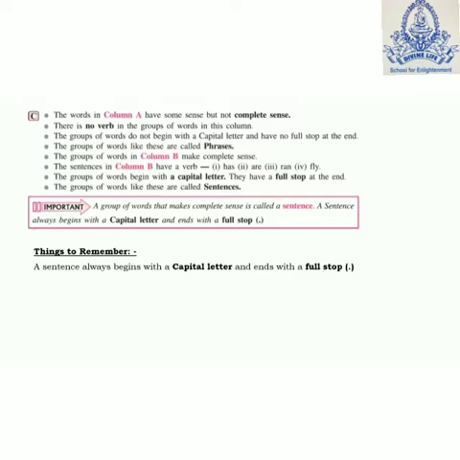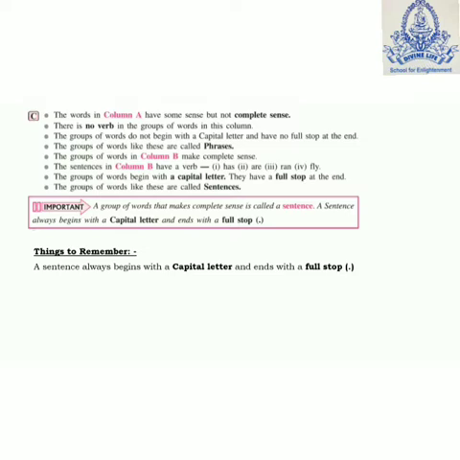The group of words all begin with a capital letter. They have a full stop at the end. Do you see that the first letter begins with a capital letter in all the examples given to you in group B? Yes, and they end with a full stop. So the group of words like these that you see in column B are called sentences.